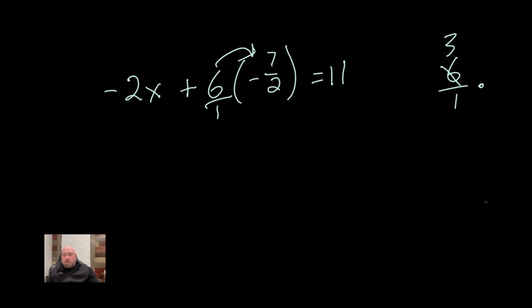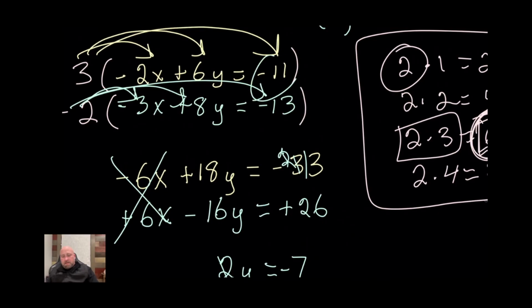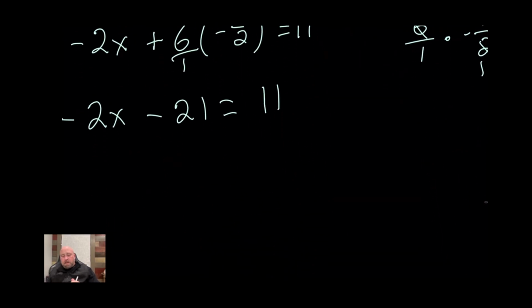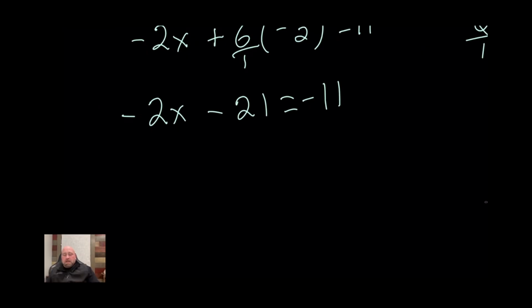All right, so when we plug it back in here, we have negative 2x, and then this ended up giving us a negative 21 equals 11. Actually, yes, it's a negative 11. I didn't write that negative sign in, so negative 11. And then we're just going to move the 21 to the other side.